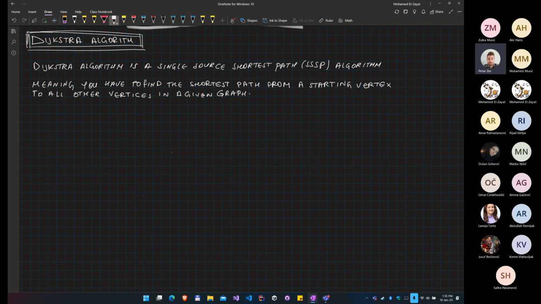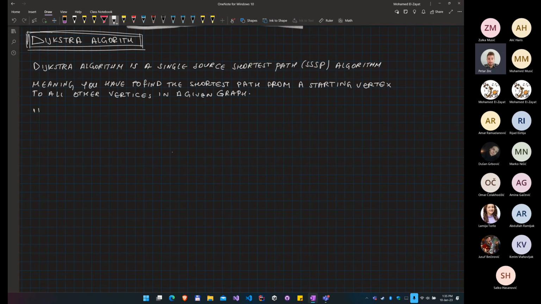Now, since we are trying to find the shortest path, this is actually an optimization problem. Okay. Minimization problem, meaning that the algorithm which we are trying to use here is actually a greedy algorithm. Now, Dijkstra can work with directed and undirected graphs.